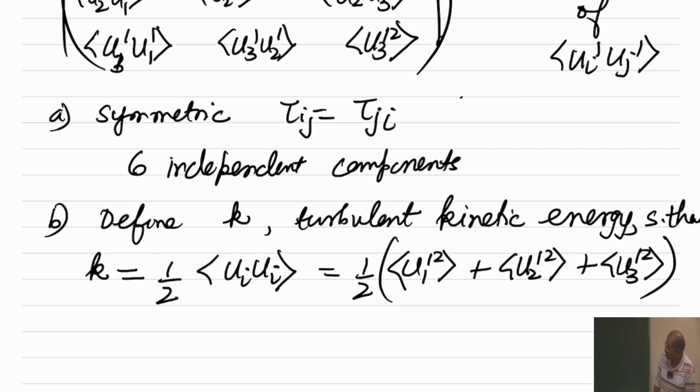It seems to make sense because of how we define kinetic energy. It is ui prime ui prime; in fact, that's what I said. If it is a small letter, then sometimes I may forget, but it's good you pointed out, I have to put a prime. Okay. So this is a turbulent kinetic energy, and some of you have used the K epsilon model.